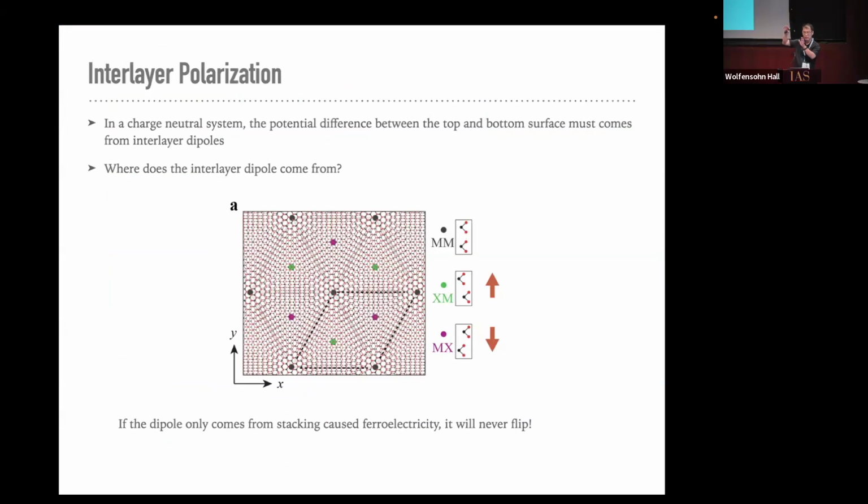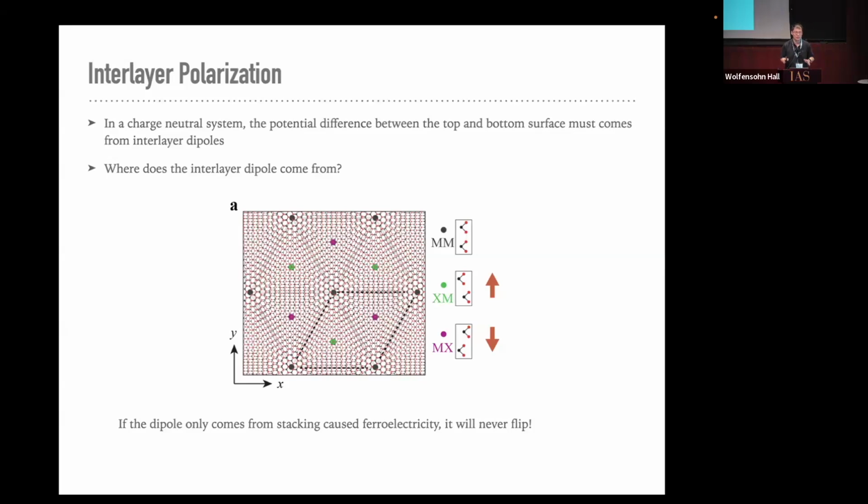But we are dealing with a real material system, so it's charge neutral. For a charge neutral system, if you have an electric potential difference between the top and the bottom surface, you must have an interlayer dipole pointing in the z direction. So where does the interlayer dipole come from?